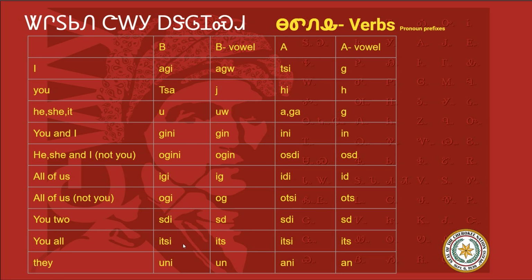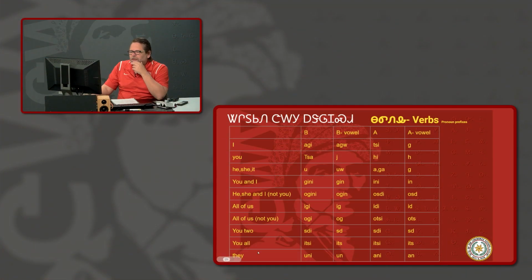E.g. yosi, all of you are hungry. Ijaduli, all y'all want it. Ijiwoni, you're all speaking. Ijanelti, you're all trying. Okay, they, uni yosi, they're hungry. Unaduli, they all want it. Aniwoni, they're speaking. And ananelti, they're all trying. Okay?